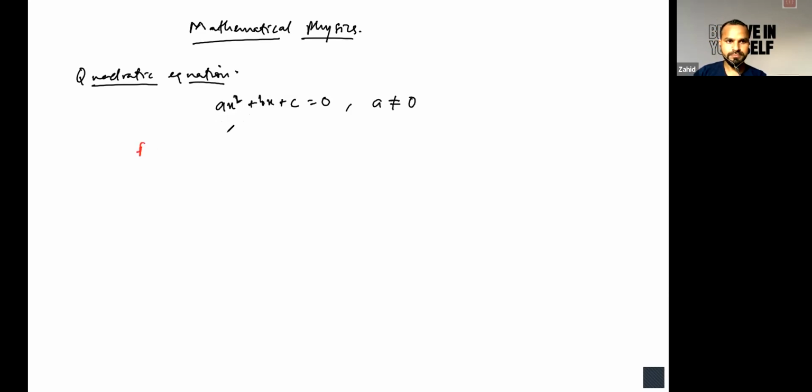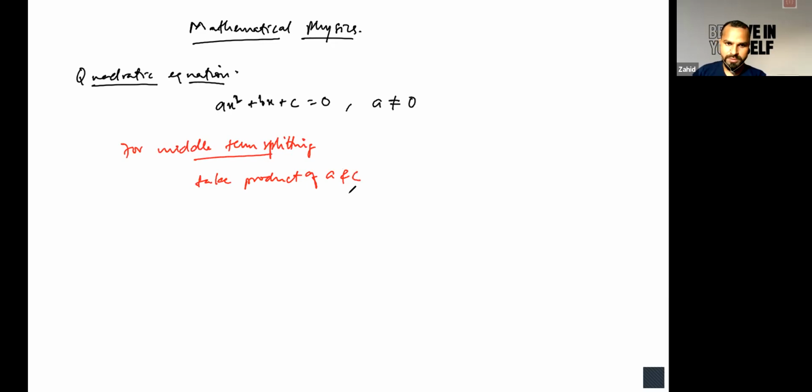First, for the middle term splitting method, in this part, first take the product of the first term, that is the coefficient of x squared, and the last constant term, that is c. So first, take the product of a and c.